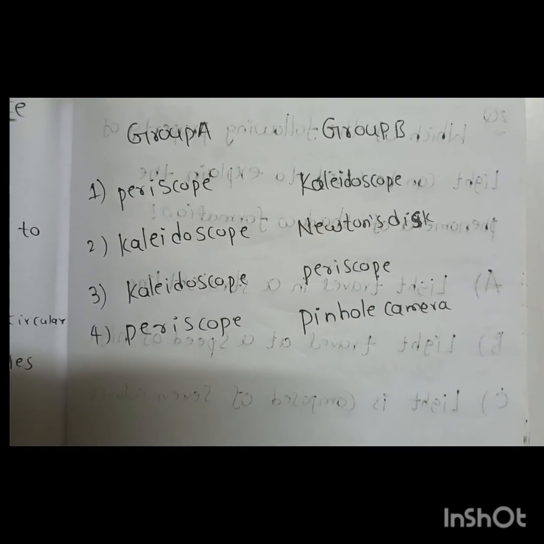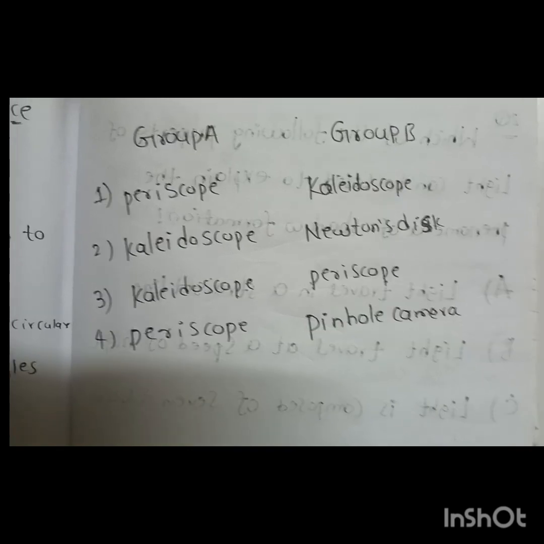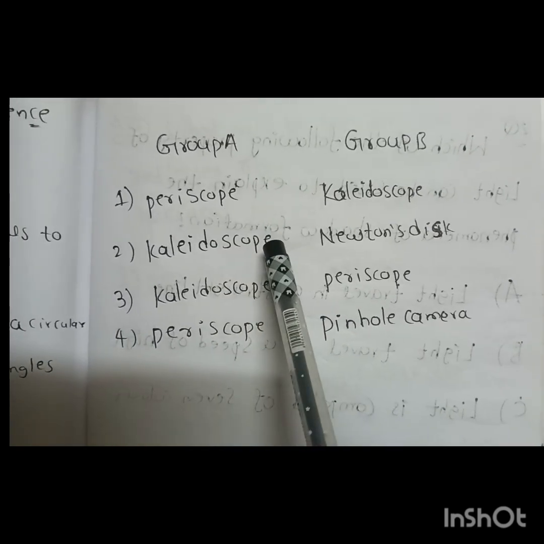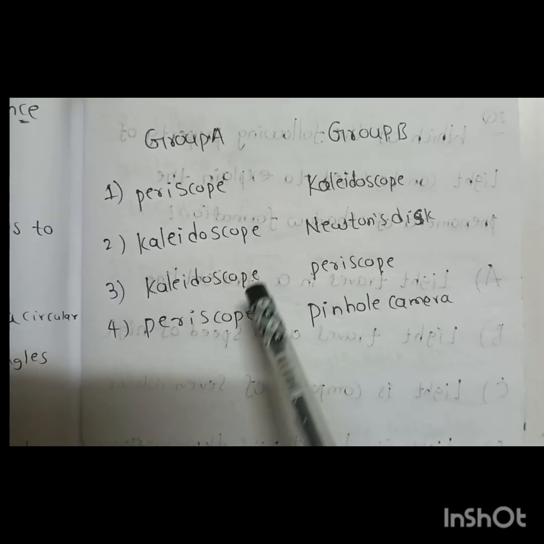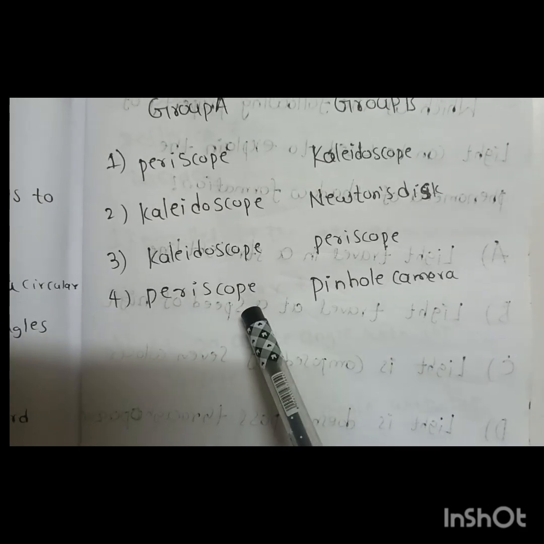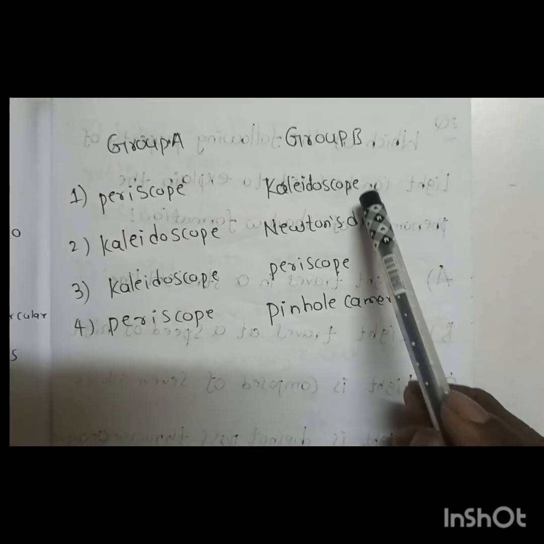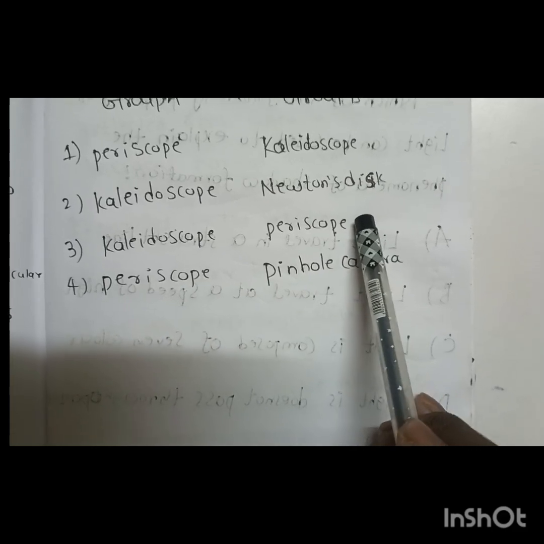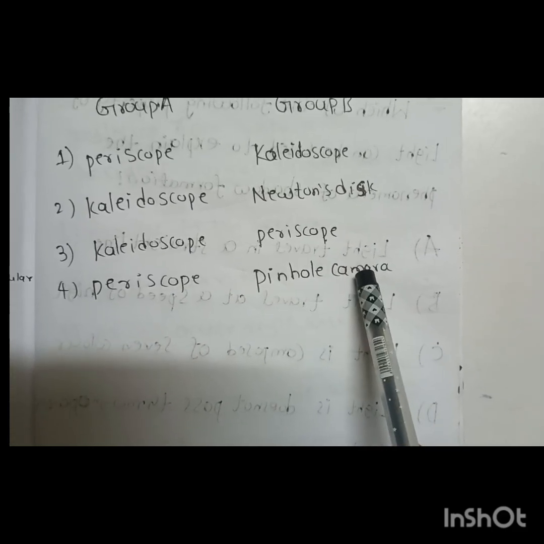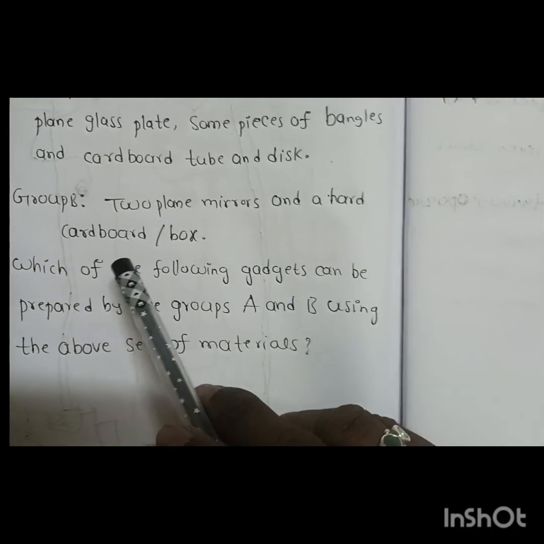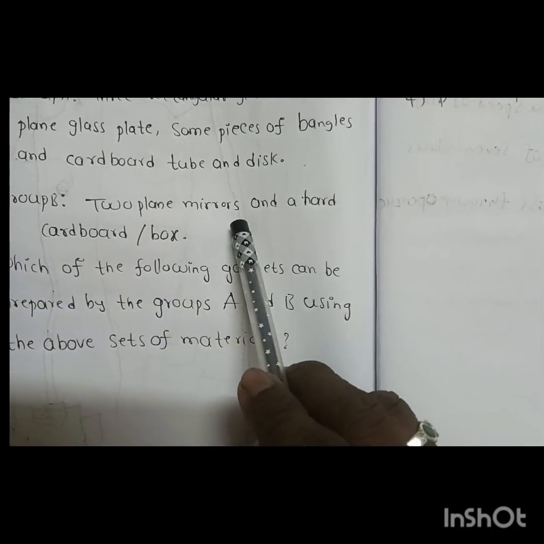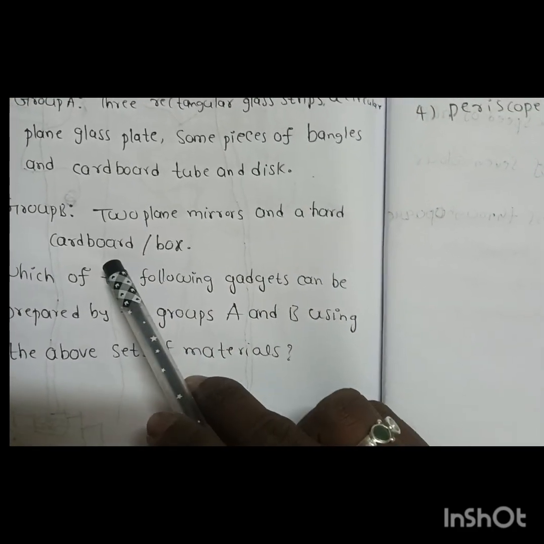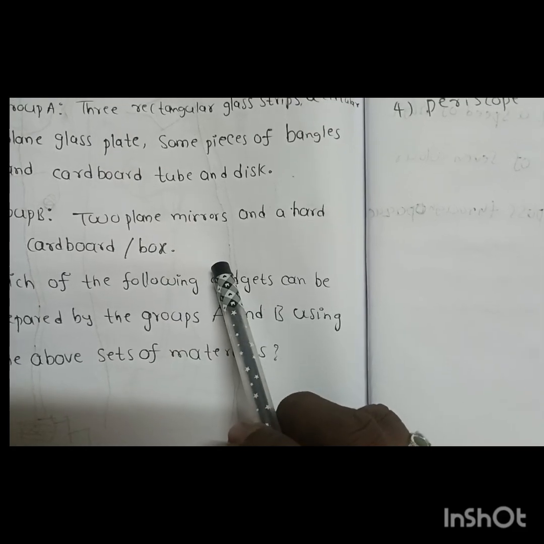Group A, what they can prepare: periscope, kaleidoscope, periscope, and group B: kaleidoscope, Newton disc, and a periscope, pinhole camera. As you can see, in group B, two plain mirrors and a hard cardboard box.